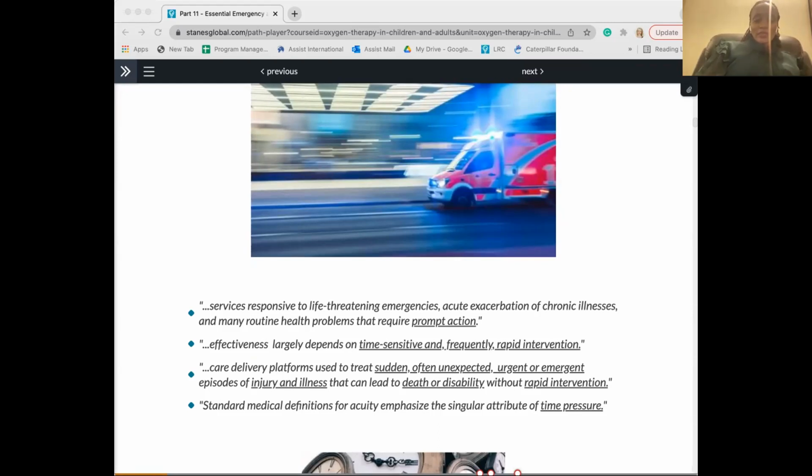There are sudden and often unexpected urgent or emergent episodes of injury and illness that can lead to death or disability without rapid intervention. So there is usually an issue of time. The clinician needs to act immediately, so that they can sort out the issue the patient is having, and decide how to escalate the patient to the next level of care if the facility is not in a position to offer the continuum of care.